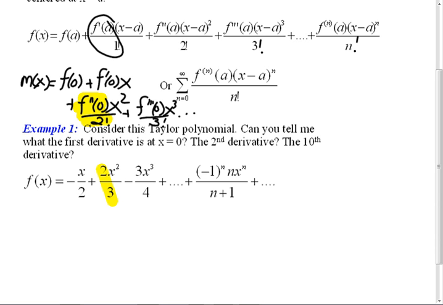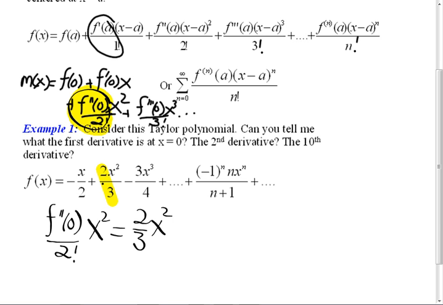Now, do you guys have that over there? Because that's tricky. These are just plain old numbers. So this part right here, f double prime of 0 divided by 2 factorial, let's just copy the term, x squared equals 2/3 of x squared.